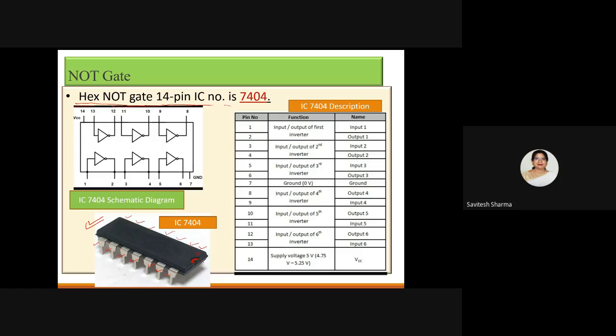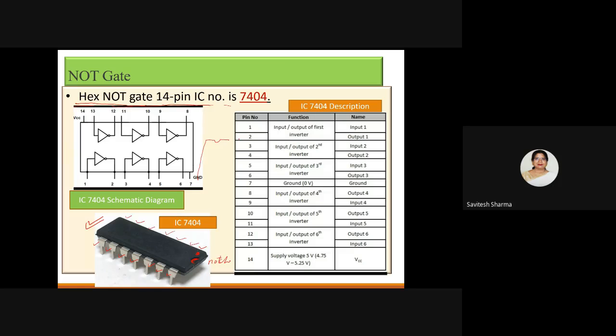This cut is called a notch. So you identify the notch in the IC, or sometimes a dot mark is there. If a dot mark is there, you look at the dot mark. If a notch is there, you first see where the notch is. Once you see the notch, you place your IC like this.